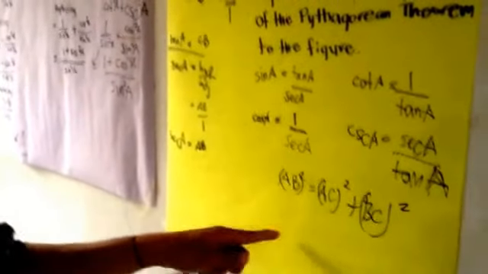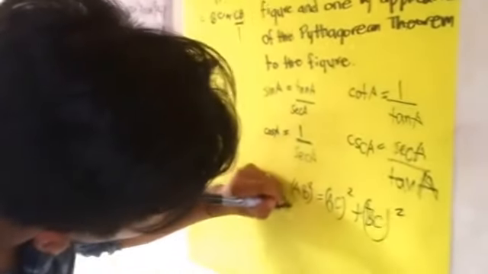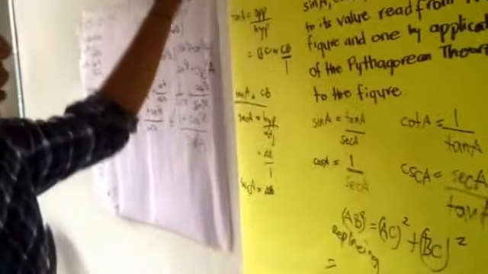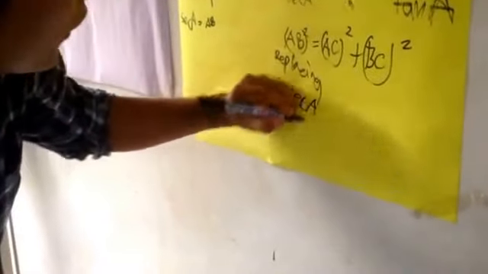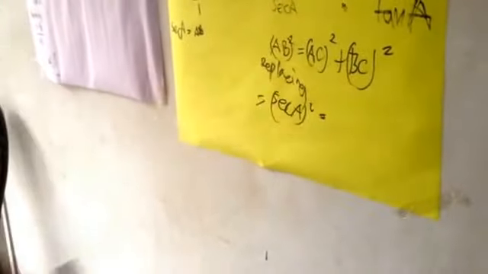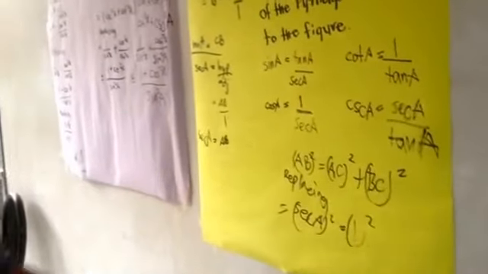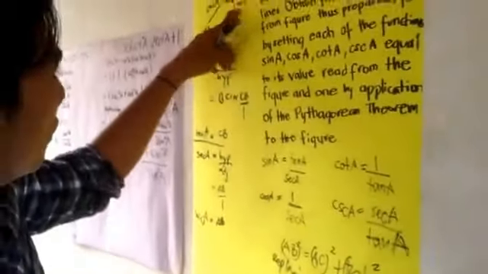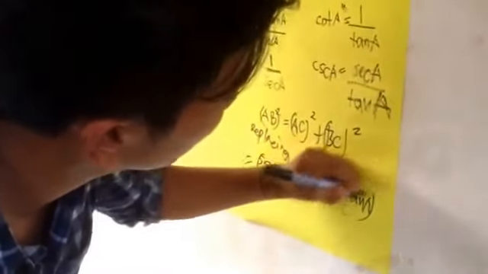And then replacing, AB squared is equal to sec squared A, equals AC is equal to 1, so 1 squared. And then BC is equal to tan A. So plus tan squared A.